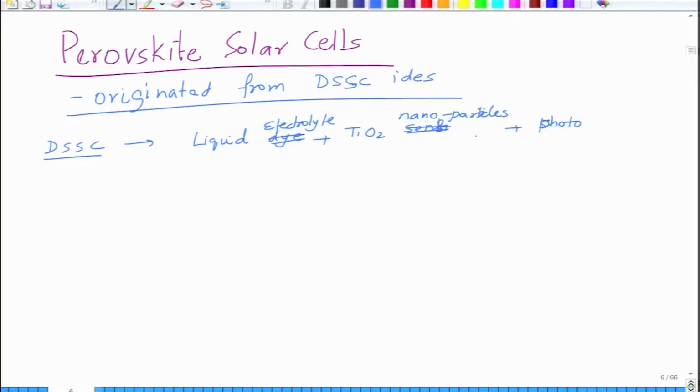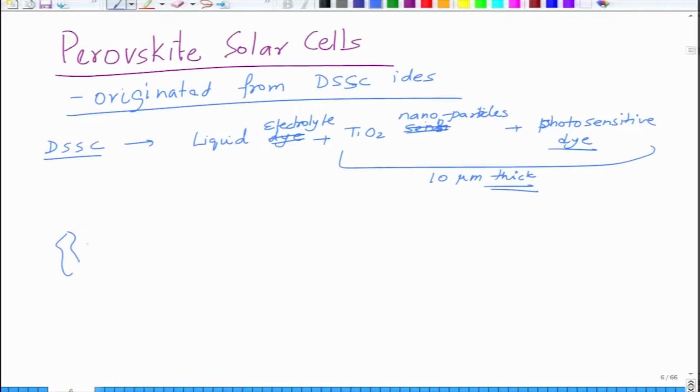All right. So, these made a device structure which was about 10 micron thick, and the electrolyte was surrounding it all throughout. The electrolyte got impregnated into it because it was liquid. So, you made a sort of nanostructure like this.